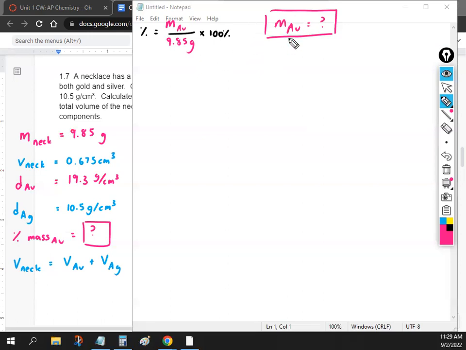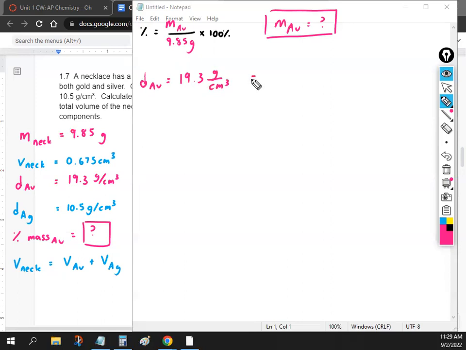Okay, so mass of gold. If we take a look at all of this, it's not very helpful, right? Because we don't have any formula that tells us the mass of gold. However, we do have the density of gold. That's the closest that we can get, right? So we know that the density of gold is equal to 19.3 grams per centimeter cubed.